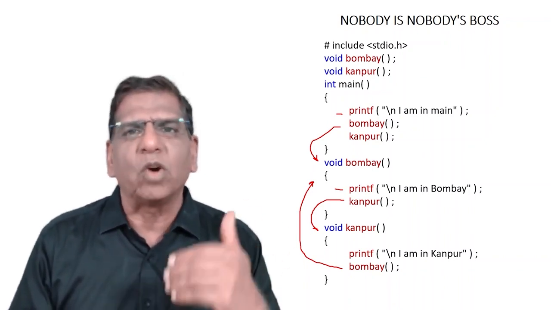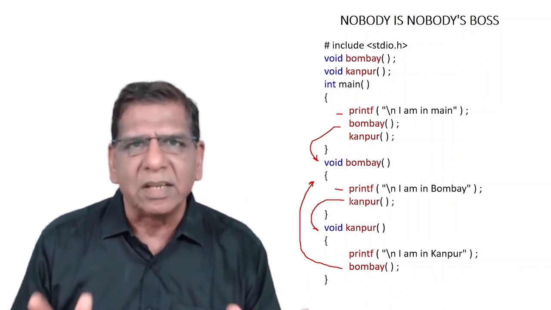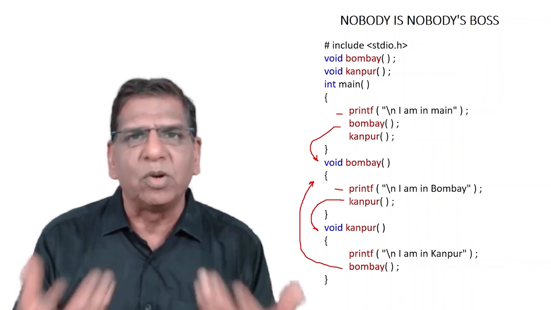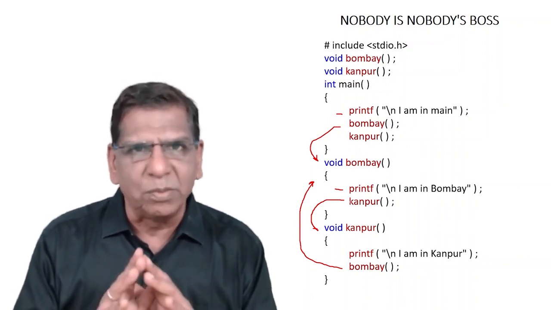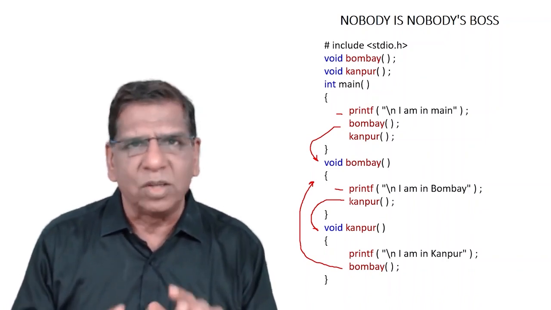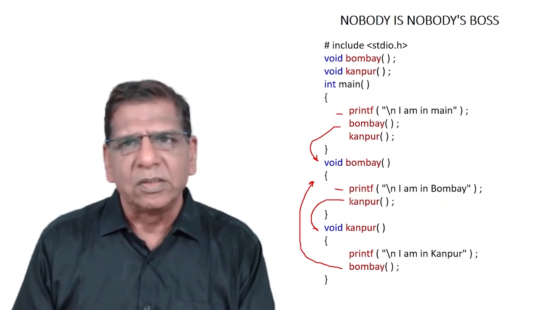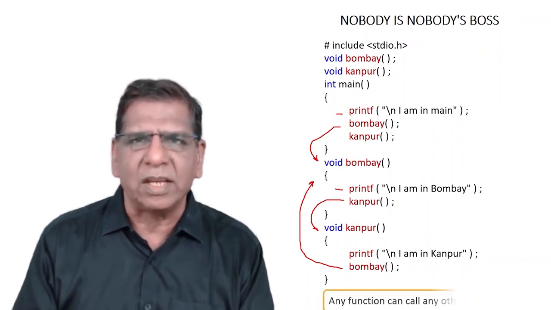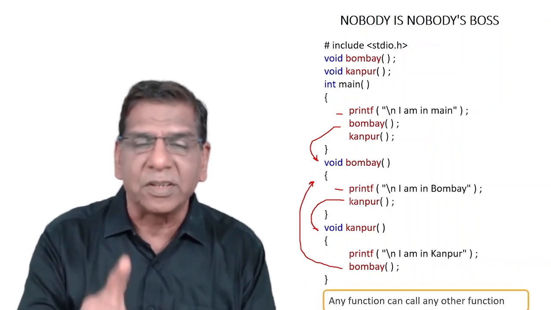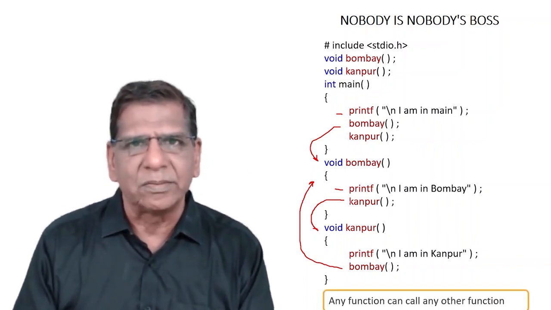The way main can call Bombay and Kanpur, they are in complete right of themselves to be able to call main. So don't be surprised tomorrow if main is called from Bombay. Perfectly okay. You are not violating any rule by doing so. So absolutely any function can call any other function. That's the first intricacy that I wanted to bring to your notice.